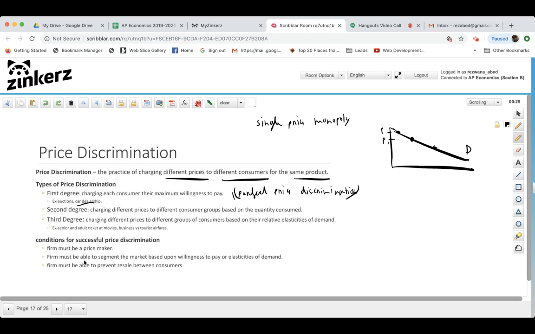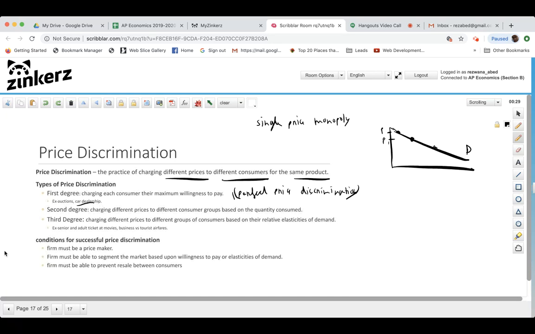It's not necessarily that everybody pays the sticker price for the car. Because with a car dealership you're talking to one salesman, they can actually do that, and they're going to charge each customer that comes in their maximum willingness to pay for that car. Okay, so this is how something like that is achieved.